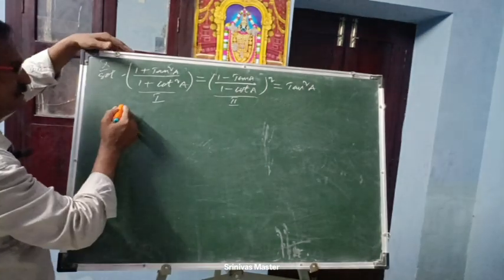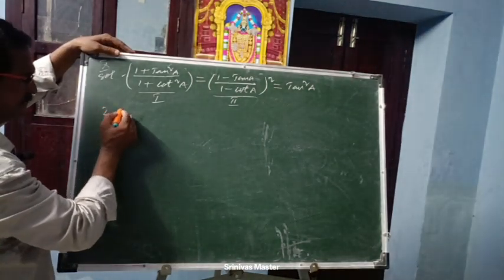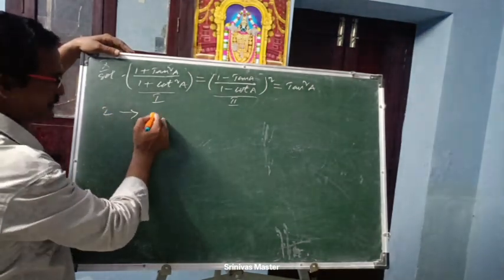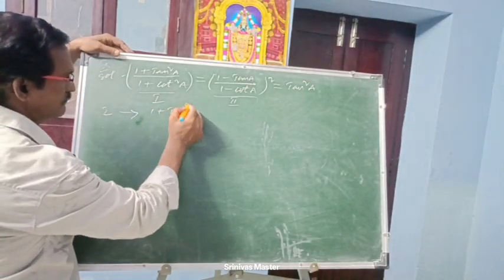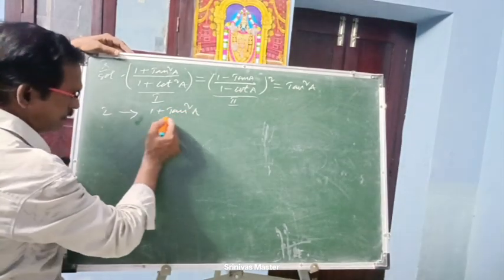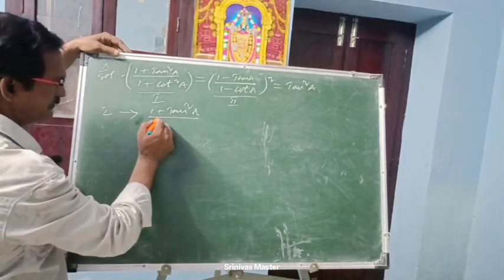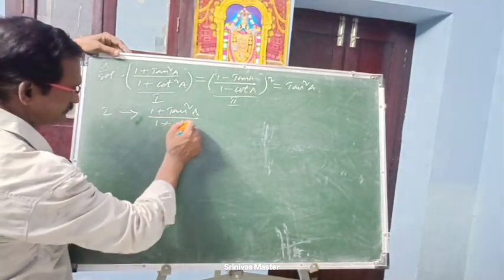Okay, children, take now the first part. What is the first part? (1 plus tan square A) by (1 plus cot square A).